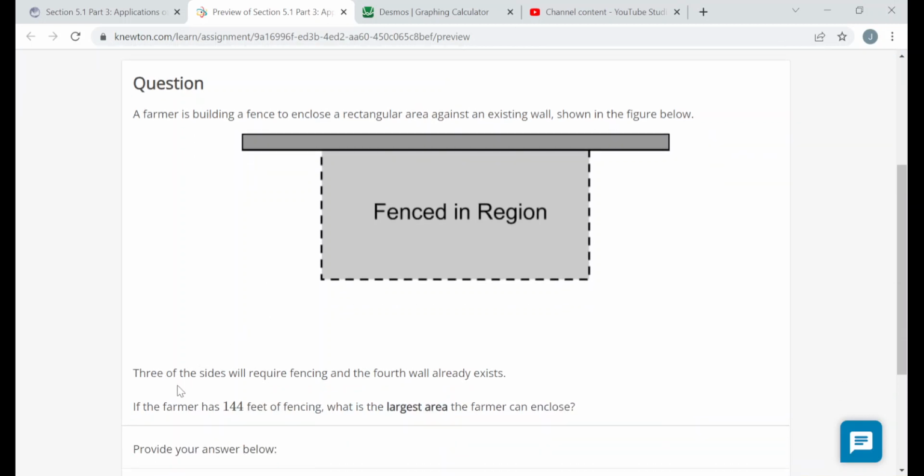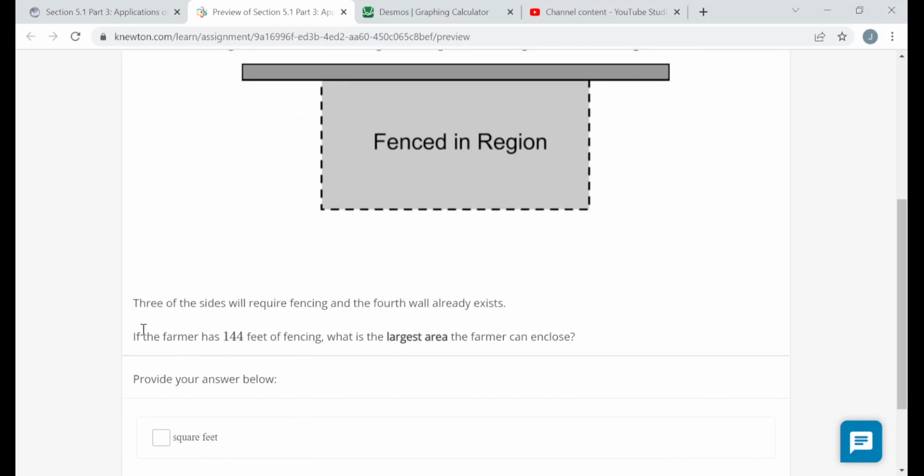So yeah, 3 of the sides will require fencing, right? That's these dotted sides here. And the 4th wall already exists, as they've said. If the farmer has 144 feet of fencing, what is the largest area the farmer can enclose?